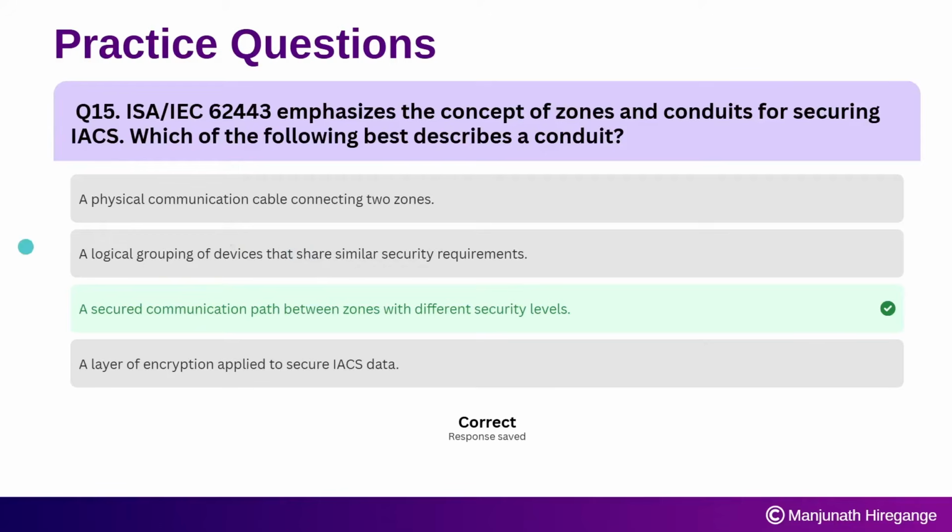So it's a combination of both. This is also a part of a conduit's implementation, but it is not limited to encryption. It includes all measures necessary to secure the communication path, like firewalls or intrusion detection systems and everything. Hence, the generic term: a secured communication path between zones with different security levels.